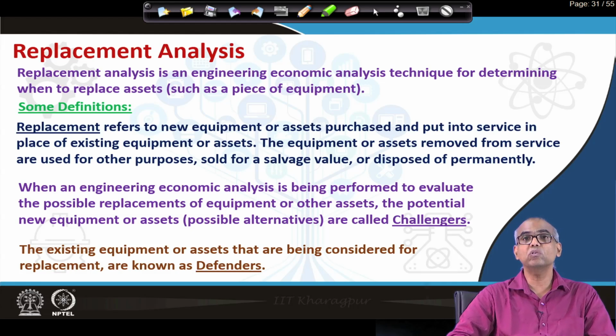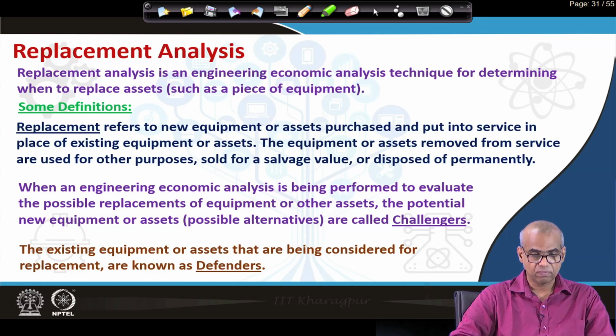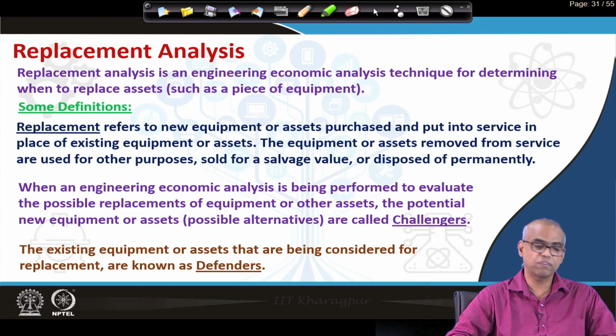That means, when you are going to decide that you have to replace an equipment, you have to decide yes or no, and if you have possible alternatives, then which one you will choose to replace the existing equipment. So, the new equipment is known as challenger and the existing equipment which is being replaced is known as defender.